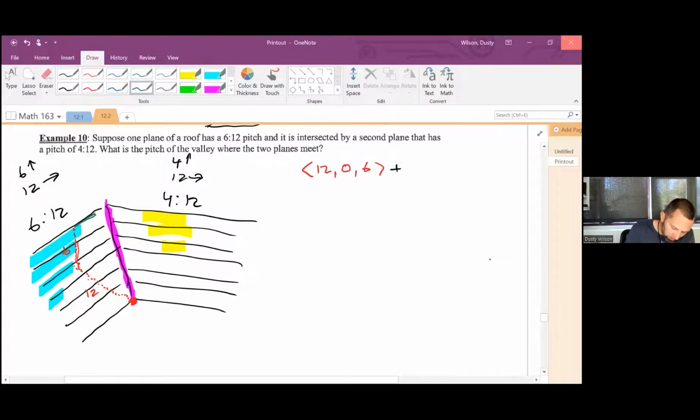Okay. And then we could try to figure out, well, what happened the other direction? Well, the question is, if we went along the horizontal, how far would we have to go to go up 6? Well, let's think about it. If I went here and I went out 12, and then I come up 4. Wait, I haven't gone up far enough. So I have to keep going out. How much farther do I have to keep going out?